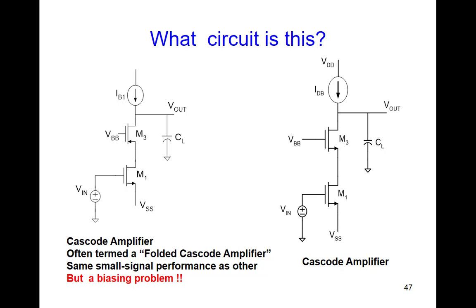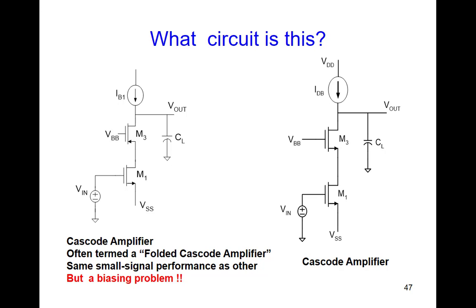But there's a problem with this circuit. If you look at the current that flows through an N-channel transistor, to keep it in the saturation region, it has to flow from drain to source. To keep a P-channel transistor operating in the saturation region, it has to flow from source to drain.